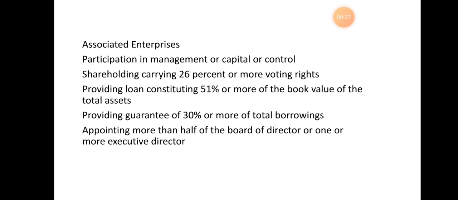If you are having shareholdings carrying 26% or more of voting rights, and providing loans constituting 51% or more of the book value of the total assets, and guarantee, if guarantee is provided, of 10% or more of the total borrowings, and appointing more than one half of the board of directors or one or more executive directors. If these conditions are fulfilled in case of holdings, then it is treated as an associated enterprise.